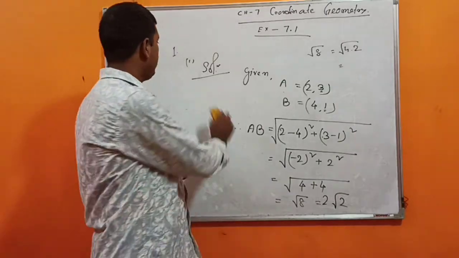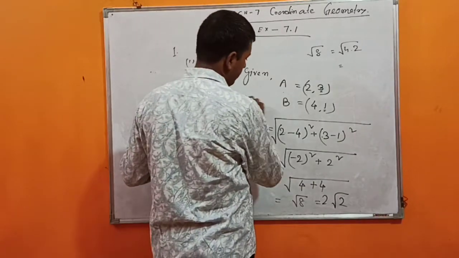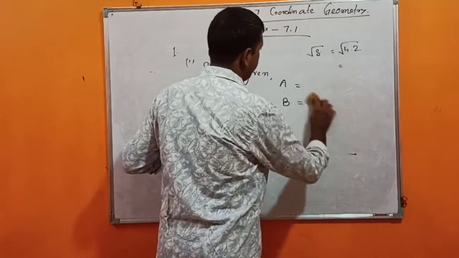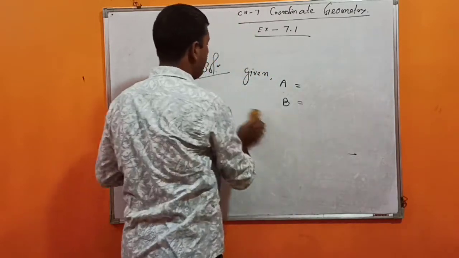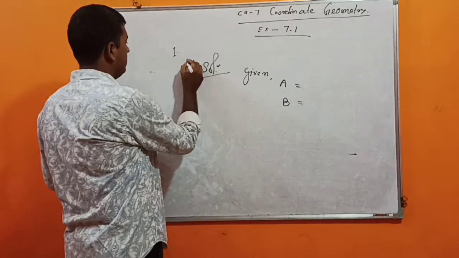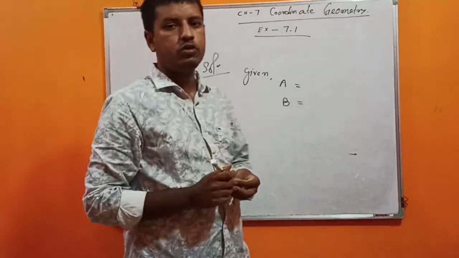So now I am moving to question number 3, 1, 3. Here the coordinates of 2 more points are also given. So I think you all have understood the first question.